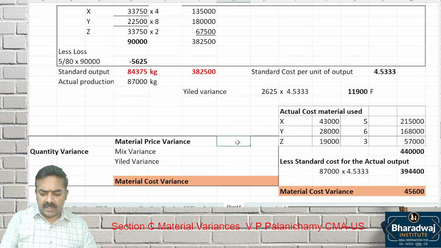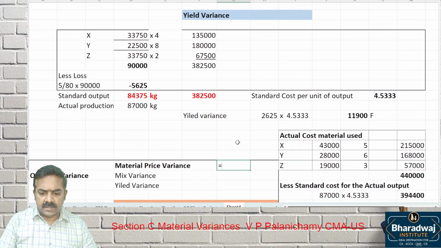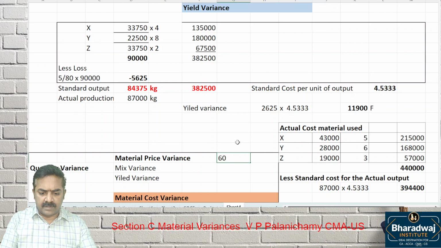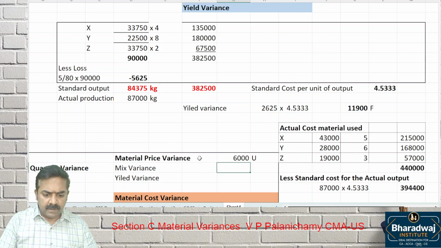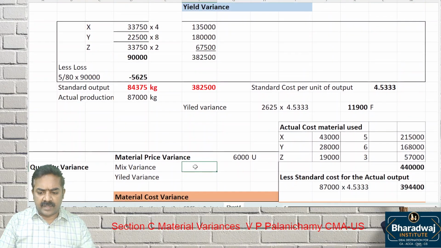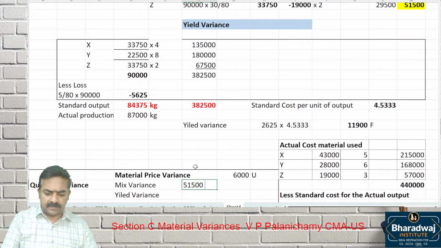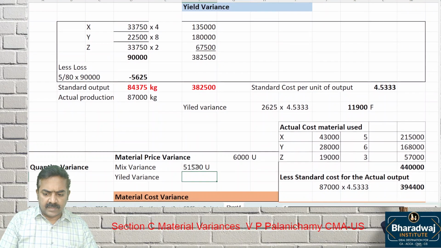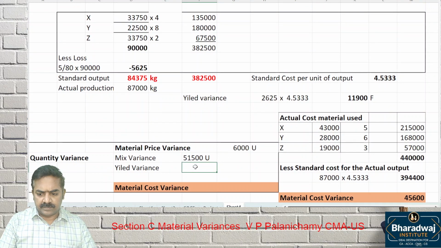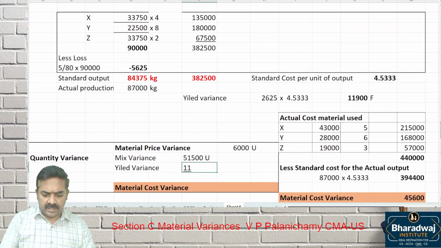We can reconcile. What was the price variance? 6,000 unfavorable. What was the mix variance? 51,500 unfavorable. And the yield variance is 11,900 favorable.